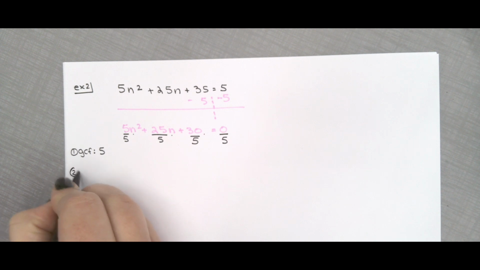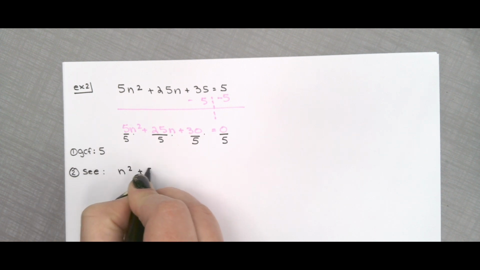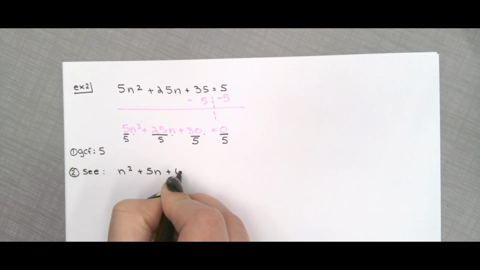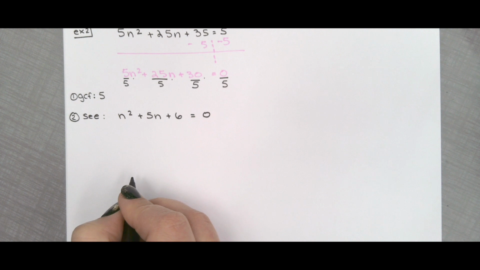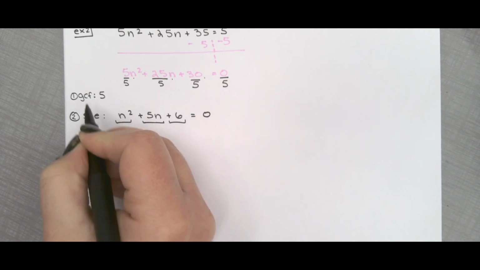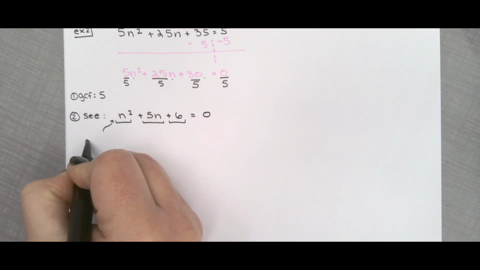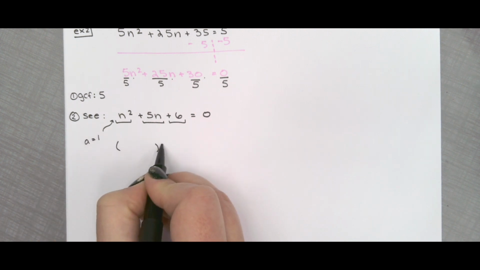So step number 2, what do we see? We see n squared plus 5n plus 6 equal to 0. And what do we have now? We have a trinomial. And because we removed the GCF, we have a leading coefficient of 1. So that means, once again, we're going to solve by factoring.